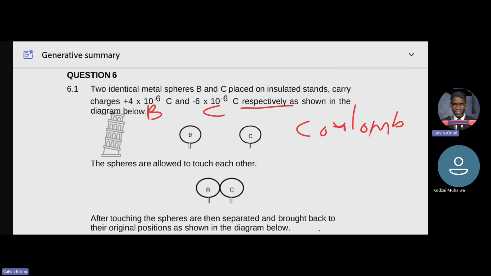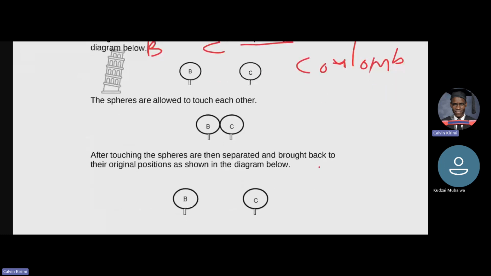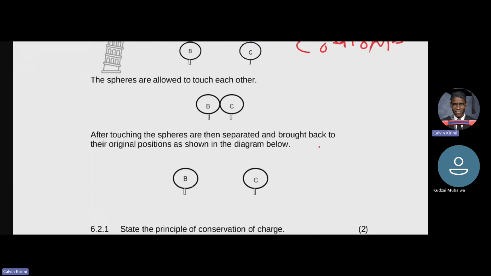So in our question, the spheres are allowed to touch. When they touch, they attract each other, isn't it? Yes, sir. Positive and negative attract. After they have touched, they repel, because they now have the same charge. That's why they move apart from each other.